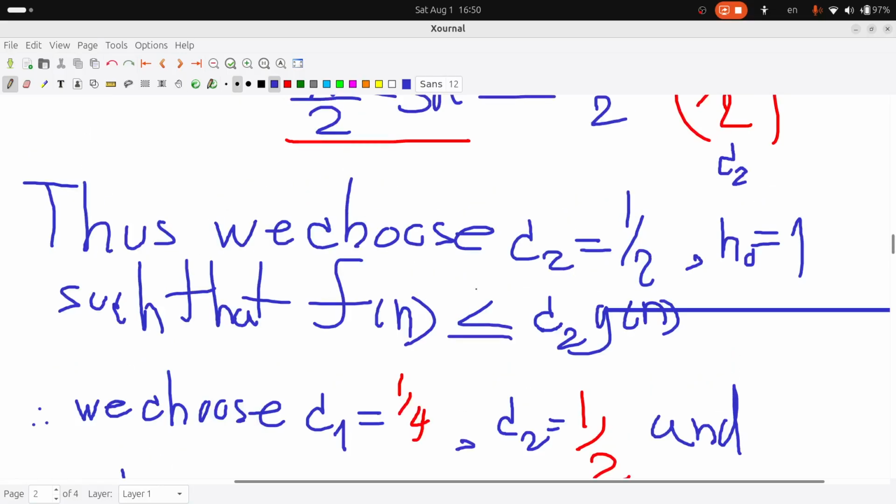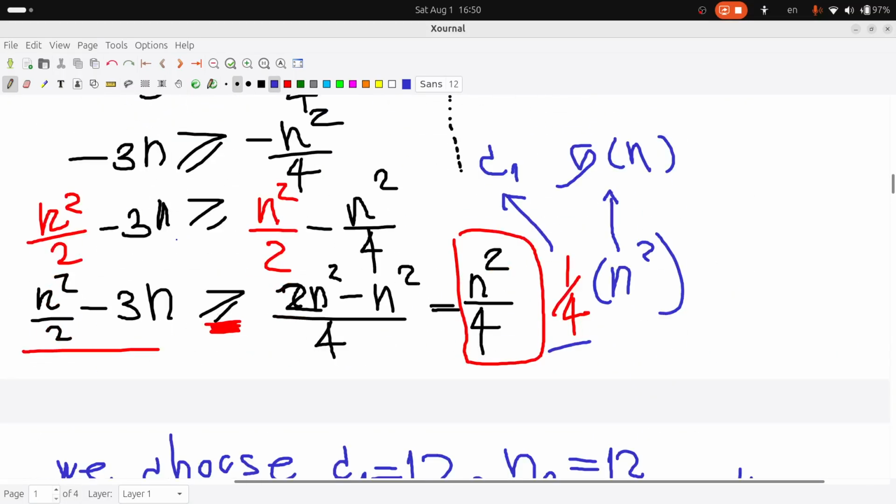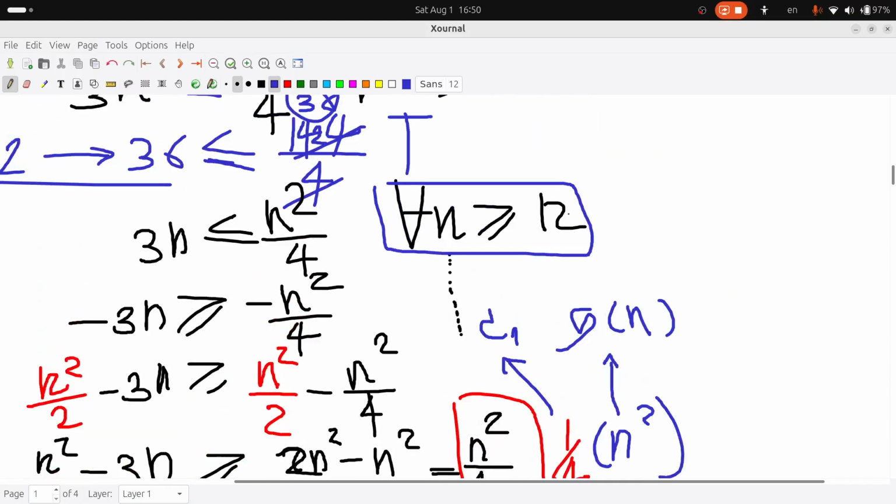We have two starting points. For upper bound we have starting point equal to 1. For lower bound we have starting point of 12.